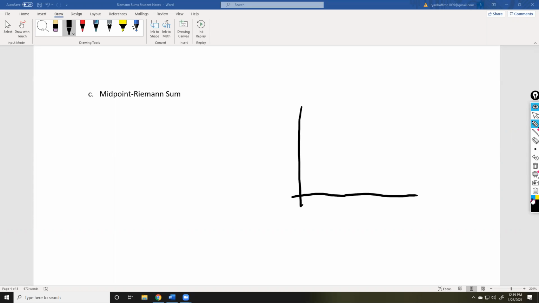All right, so I'm drawing the same curve that I drew before. We're still going from 1 to 3, but this time we're going to use a midpoint sum. So here is 1, here is 2, here, well, let's do that again.